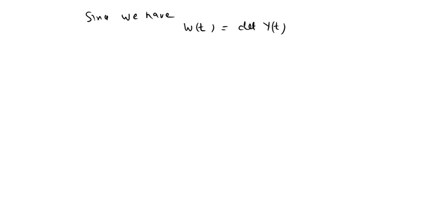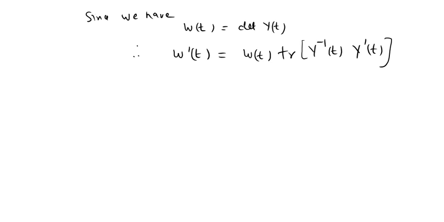This identity says that the derivative of the determinant, W'(t), equals W(t) times the trace of Y inverse multiplied by Y'(t).